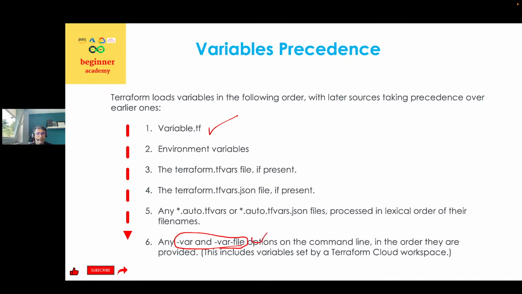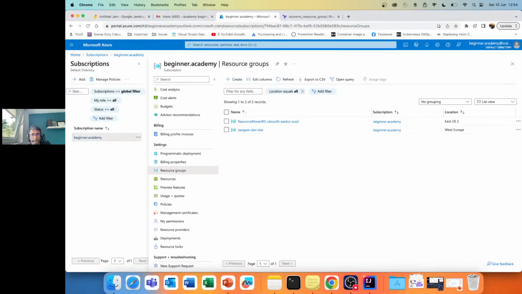This is what we use in an actual project. We will keep a default, whatever name you want. If no one mentions it, it will pick it from variable.tf. If you have passed a file, whatever data is mentioned in that file is what it will override. Okay, so I will close this.